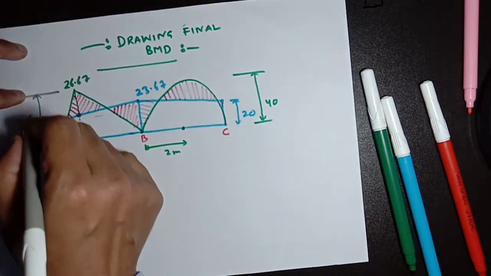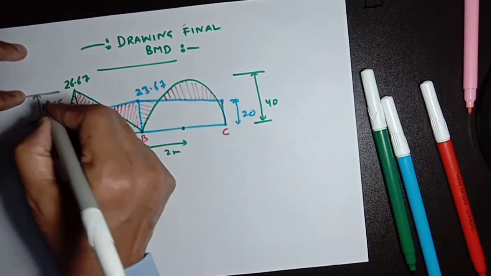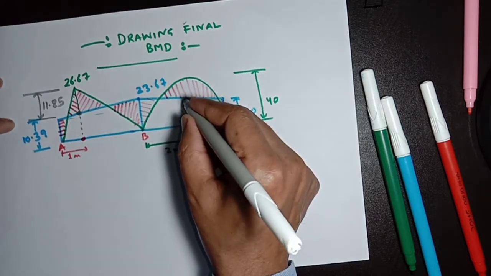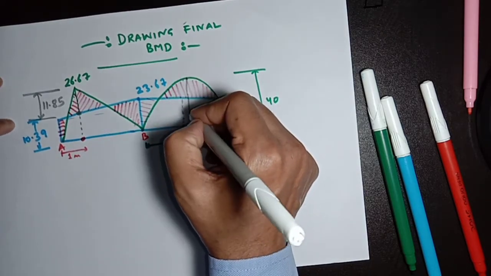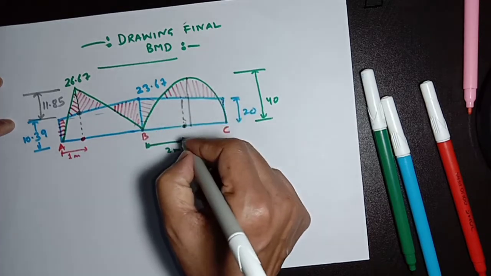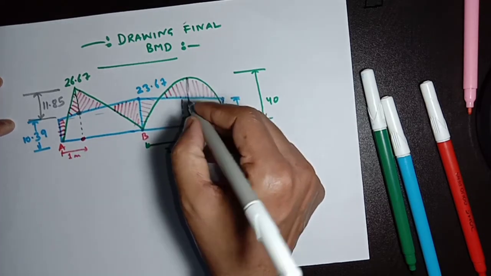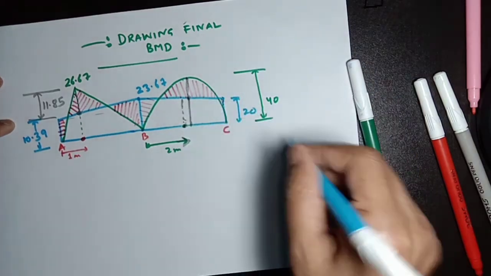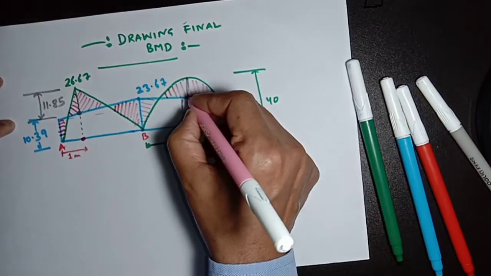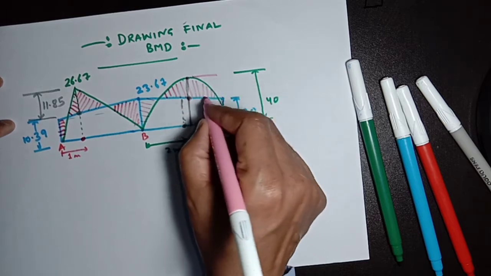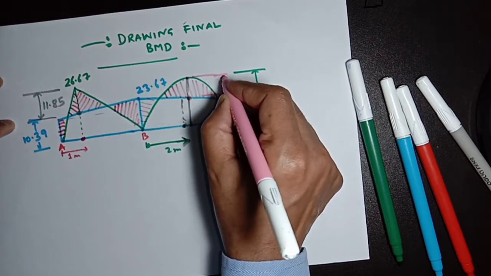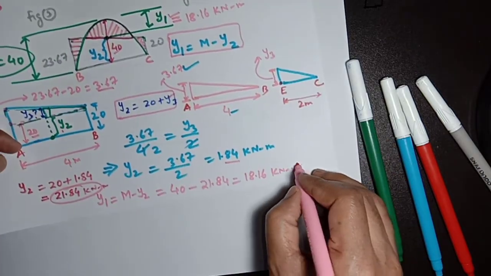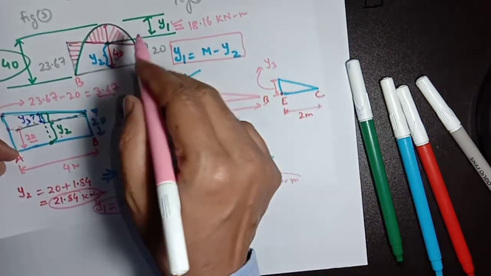This value will be 11.85, and if we draw this point here, this is the maximum point now. In span BC, this value will be 18.16. This is the final moment at the span.